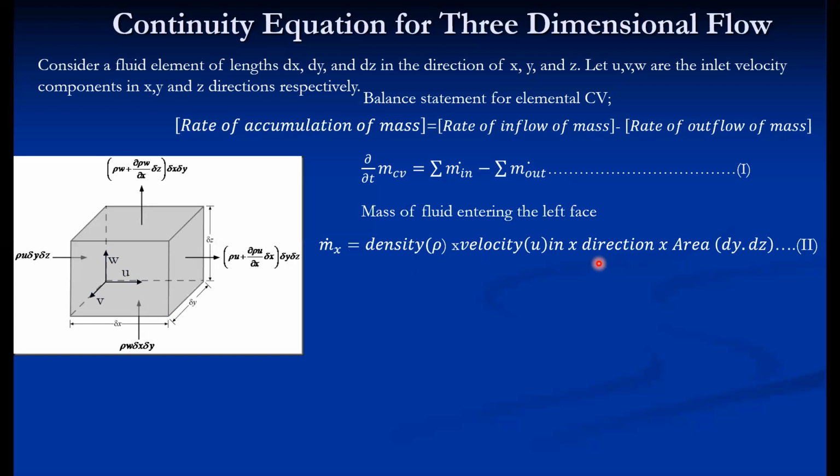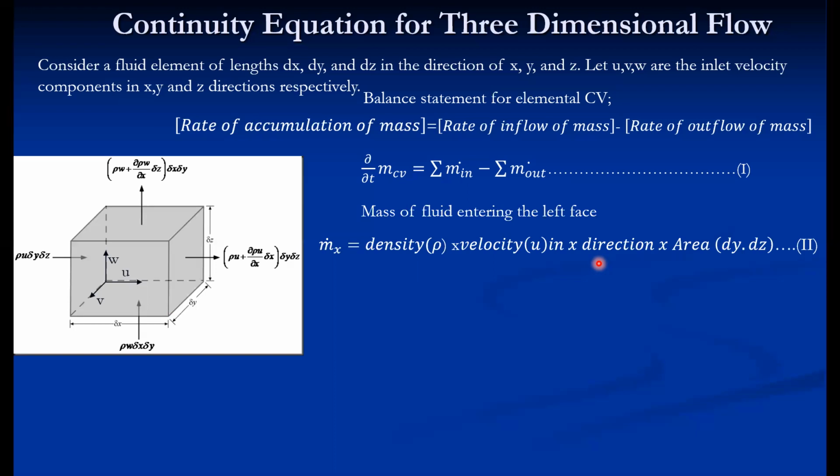If it is a rate quantity, it is divided by time, so it becomes density into volume divided by time. Then we split the volume into area into length. Now the expression becomes m dot equals density into area into length divided by time.